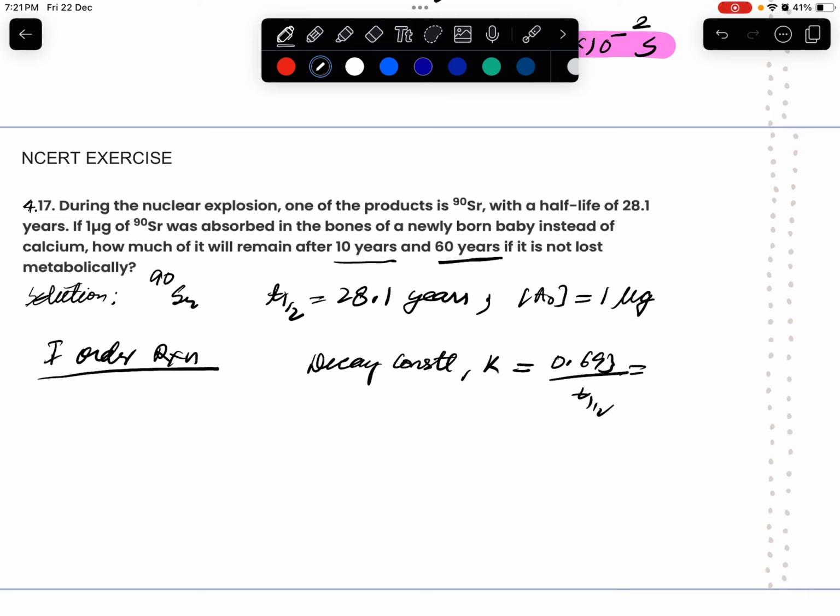We know the value of T half, so it will be 0.693 divided by 28.1, which is equal to 2.46 into 10 raised to the power minus 2 per year. Okay, so this is the value of K. This value of K we will be using later on in our calculation.